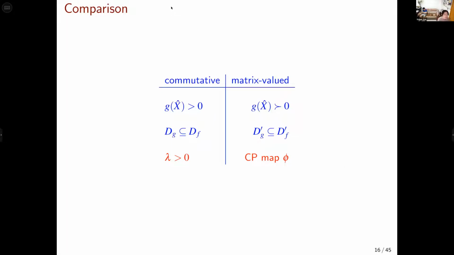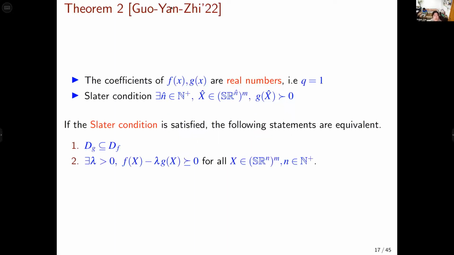So we can compare the commutative case and the matrix-valued polynomial case. The key point is that we extend the positive real number lambda to a non-zero completely positive map phi. And then this is our second main result, Theorem 2.